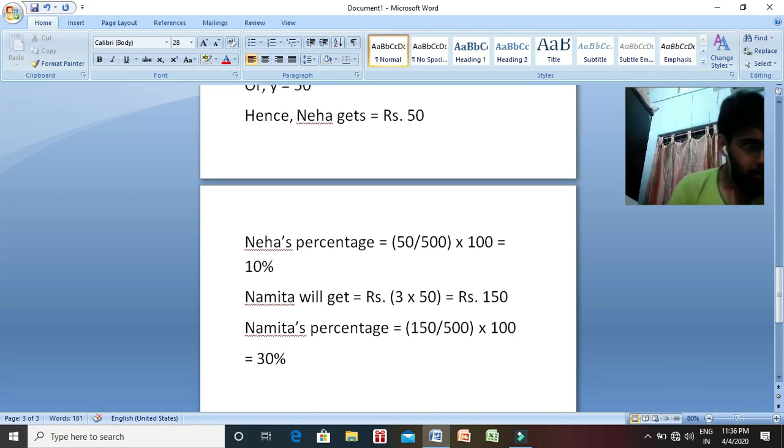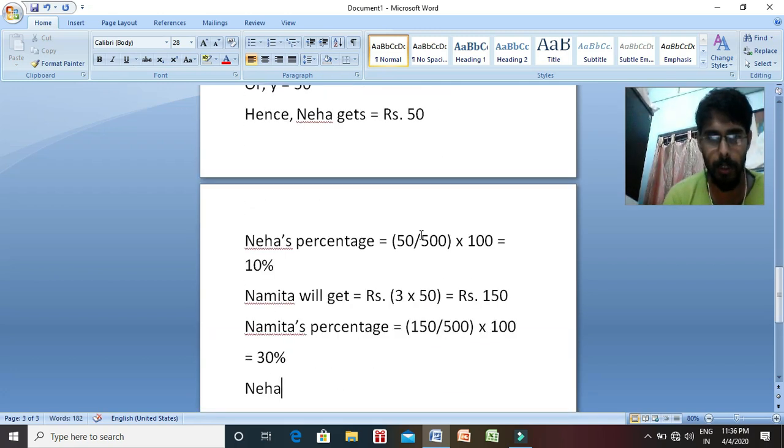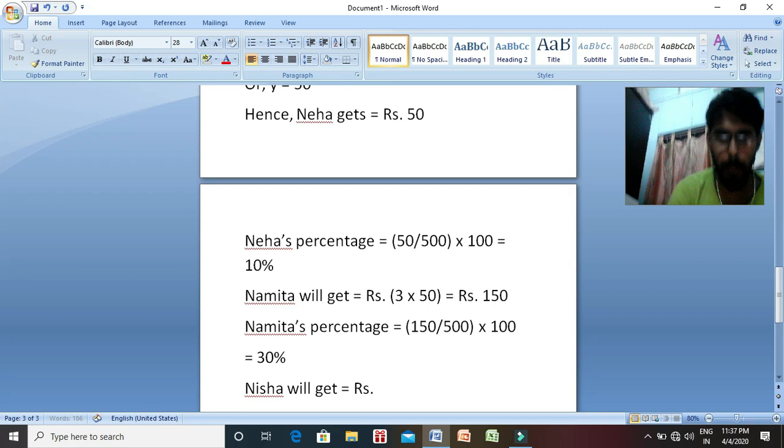And finally, we have come to the third section. The first one was Neha. What was the name of the character? Yeah, Nisha, sorry. So it is Nisha. Nisha will get 6 into 50, which is equal to rupees 300.